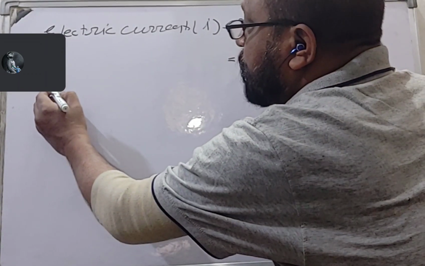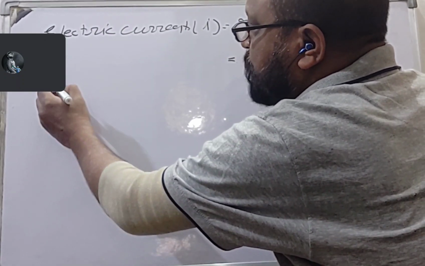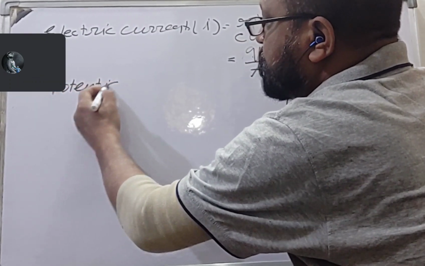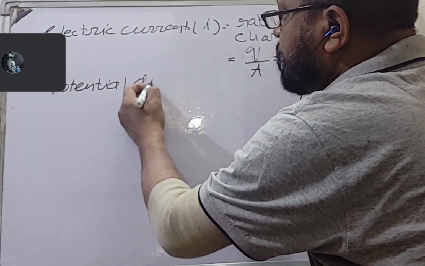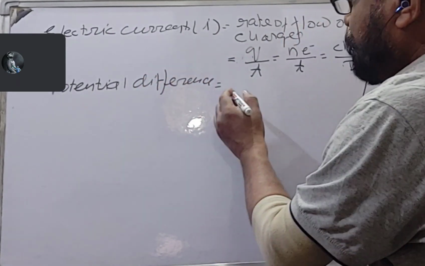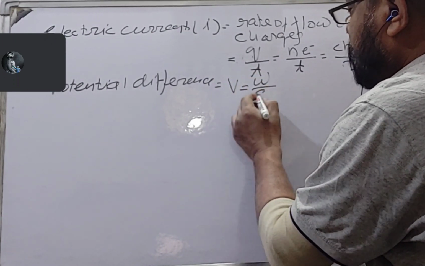And potential difference is V is equal to W upon Q, right?